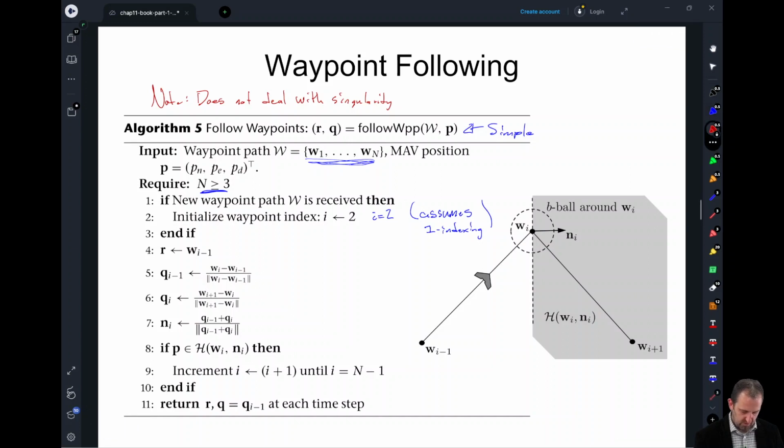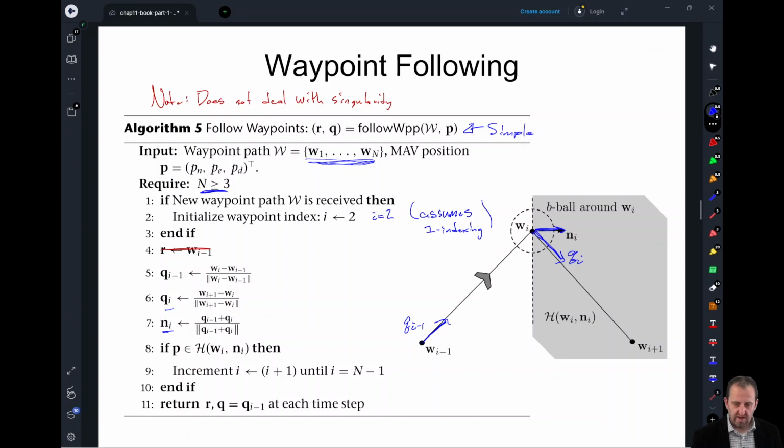For our half plane, we're actually not going to use that, right? But we have our qi minus 1, which is just the vector pointing from wi minus 1 to wi. We're going to define qi, again, it's just this vector. We define our normal. It's just this vector, right?